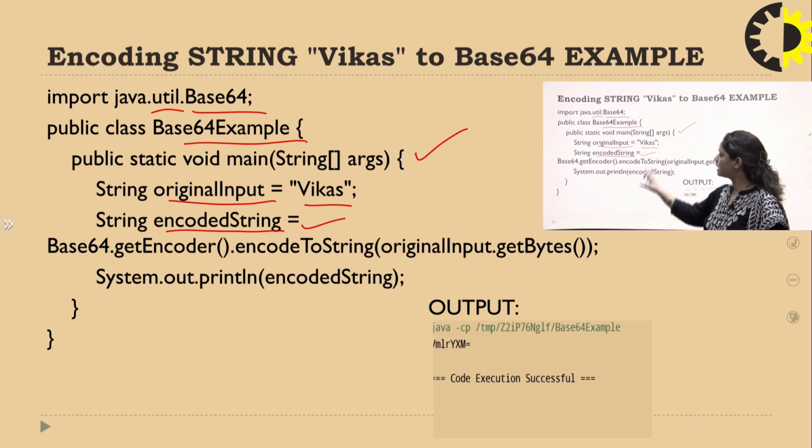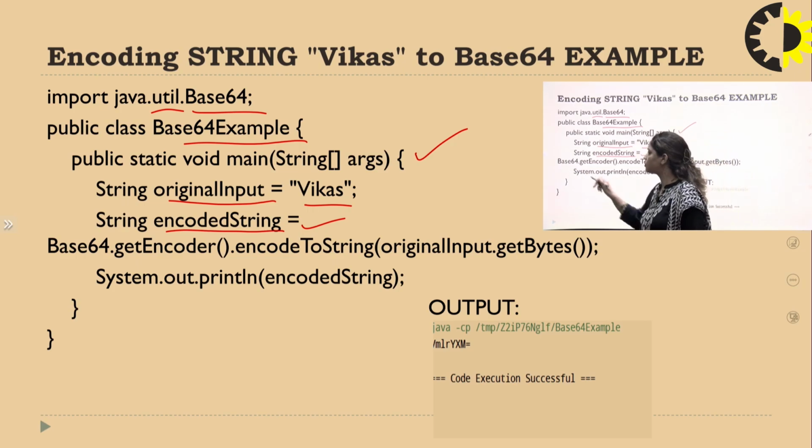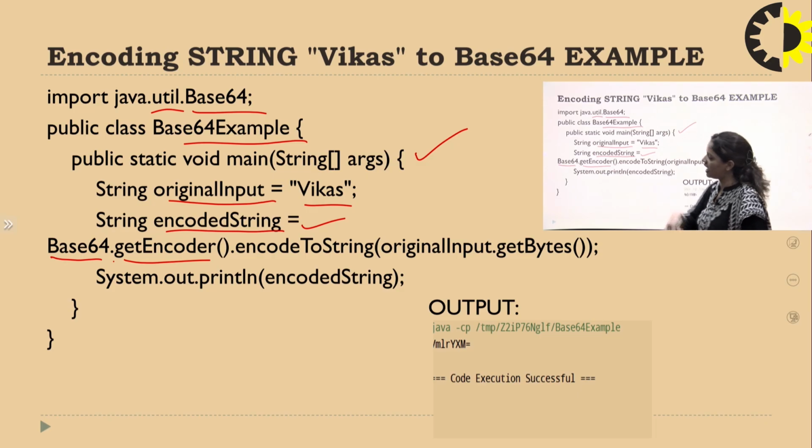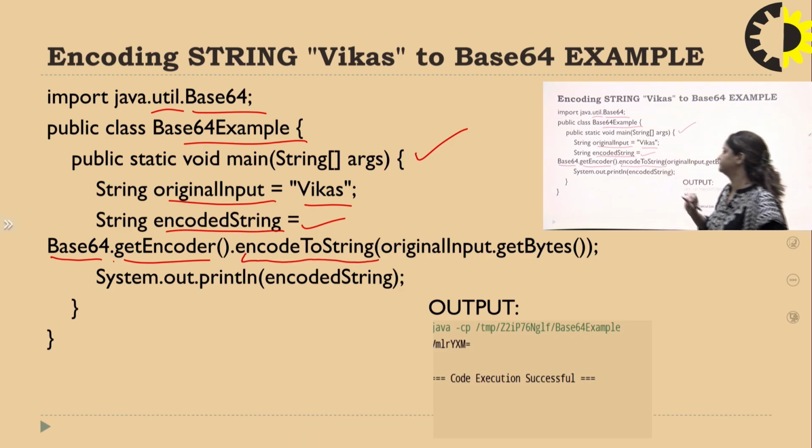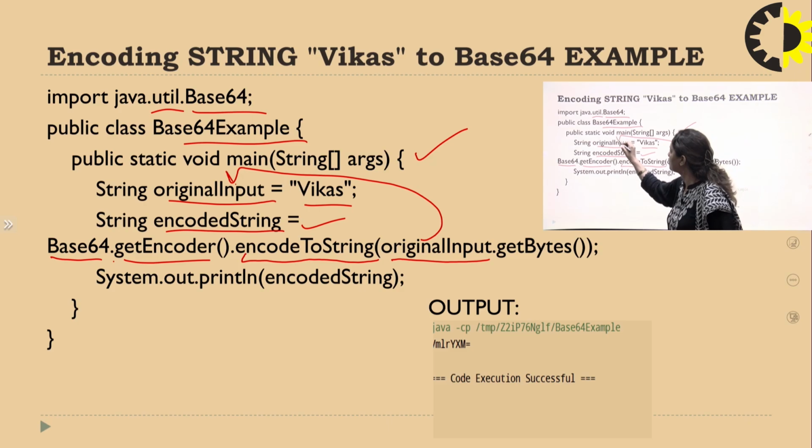That will be done with the help of this function automatically. For doing so, we will use the Base64 class, then dot its getEncoder method to obtain the value of the encoded string. The main method is this encodeToString. What is it encoding? It will be encoding the original input, which is a variable holding the character string Vikas.